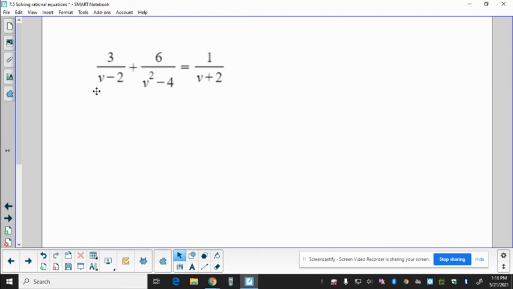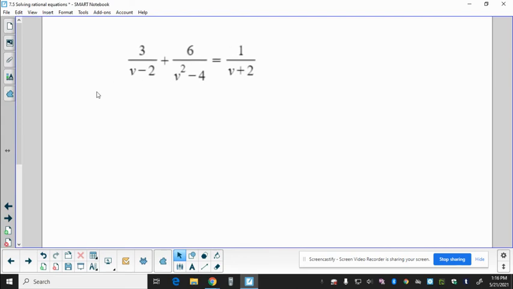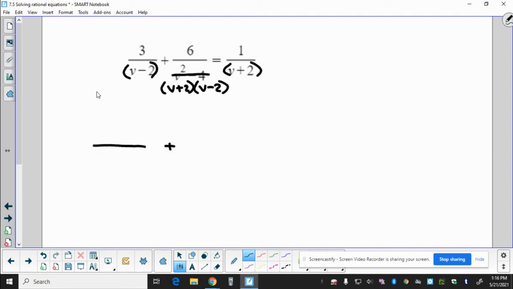All right, so I think before we go too much farther, we might want to look at this middle denominator and notice it's factorable. And that might give us a good idea of what these fractions should look like.